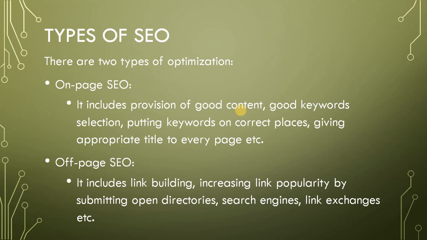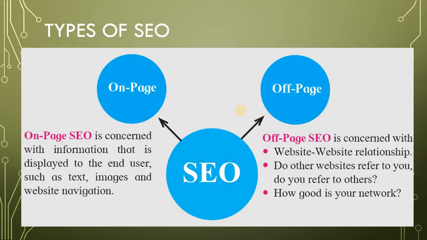Okay, so let us see this in a diagrammatic form. So here we have SEO of two types, on page and off page. On page means concerned with information that is displayed to the end user, such as text, images, and website navigation.